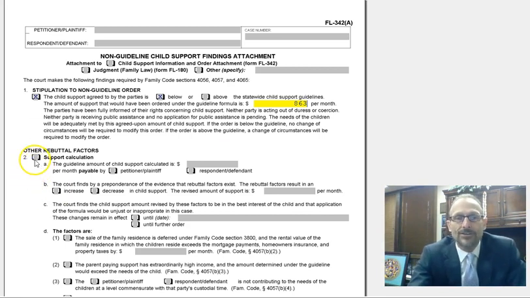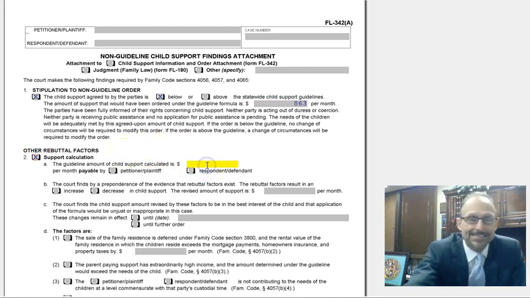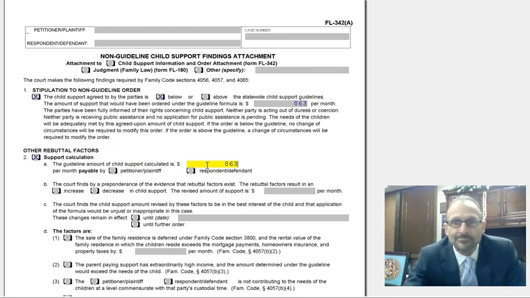Order, rebuttal factor, other rebuttal factors. So support calculations. The guideline amount of child support calculator is $863 per month payable by, and let's say it's the respondent that should be paying child support. The court finds by a preponderance of the evidence that rebuttable factors exist.